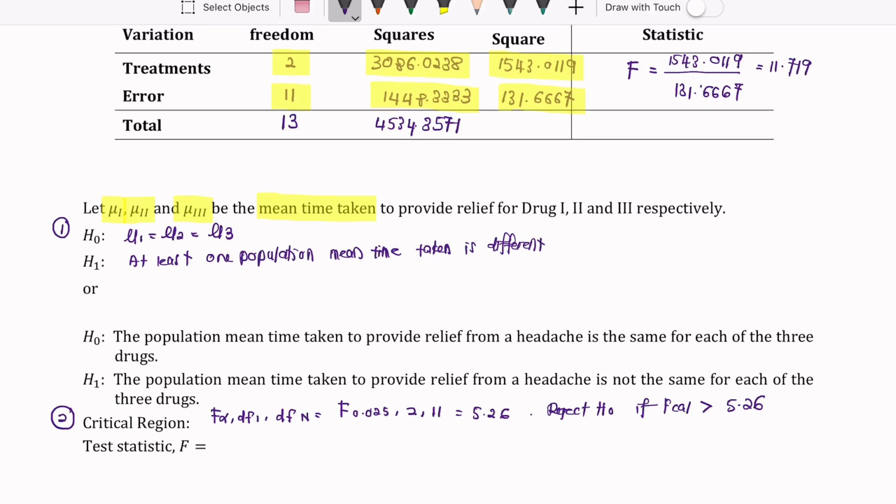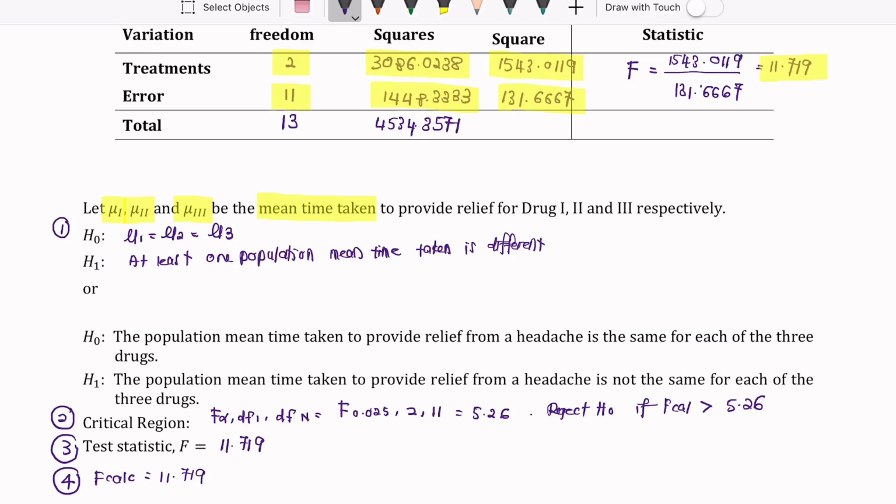Step number 3 is your test statistic. Based on your ANOVA table, your test statistic is 11.719. Then step number 4, you compare your F calculated 11.719 with your critical value.